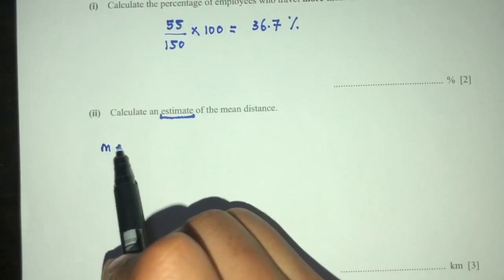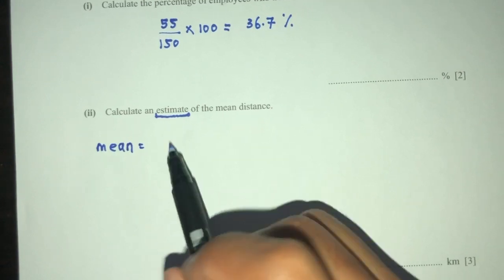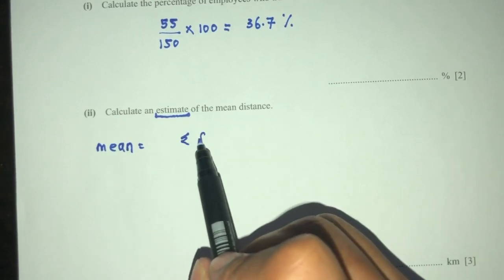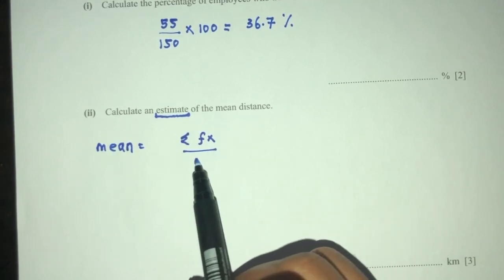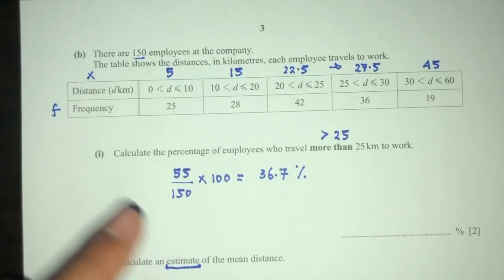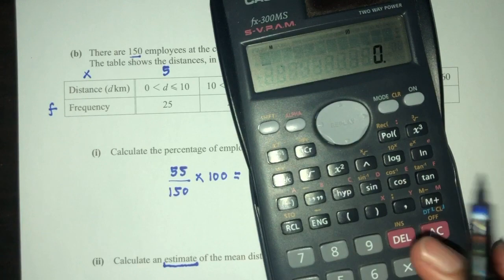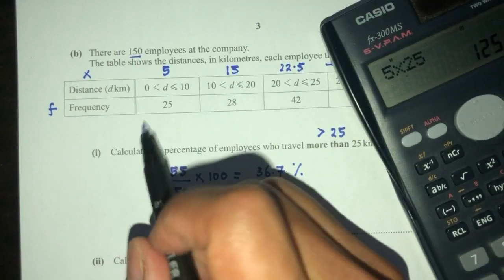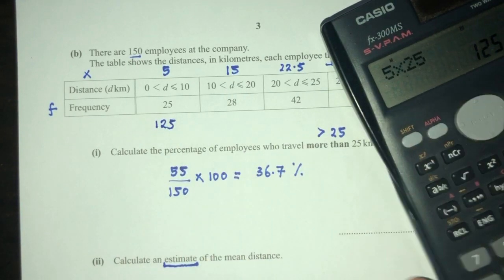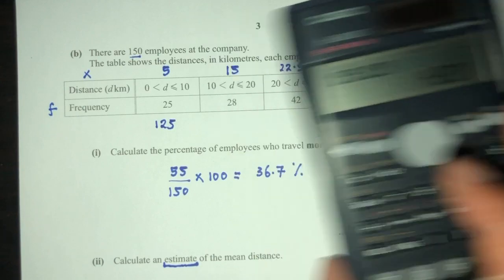So the mean is equal to the sum of fx divided by the number of people. Basically fx is this times this, and the sum of those. So first one, 5 times 25, that should be 125. 15 times 28, that should be 420.